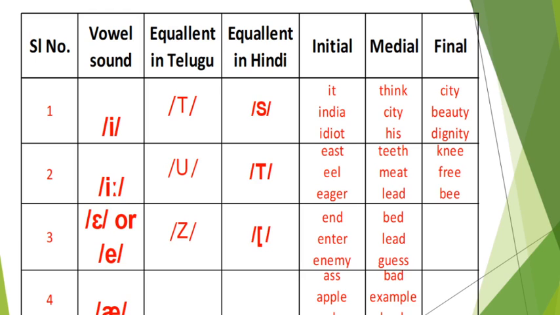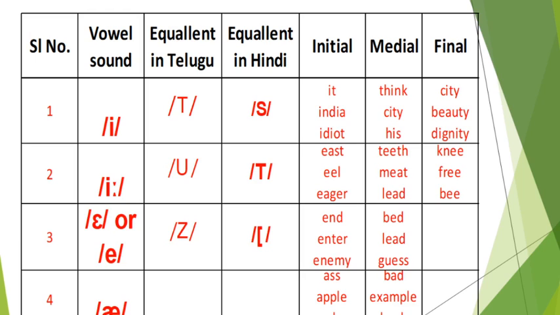Now don't consider column number 3 and 4, equivalent in Telugu and equivalent in Hindi. Now the sound I is represented initially, medially, and finally. Initially in the words such as it, India, idiot. Medially in the words such as think, city, his.